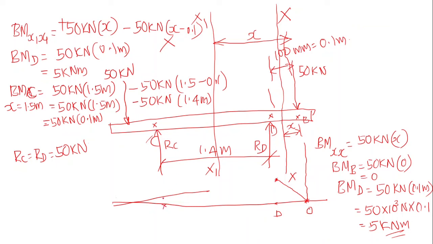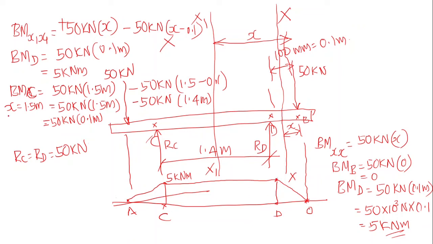Then bending moment at C is equal to, once again, 5 kilonewton meter, and that variation is linear in between C and D. Then it will become 0 at point A. Then the maximum bending moment is at C and D. We can clearly see that bending moment is maximum at points C and D.